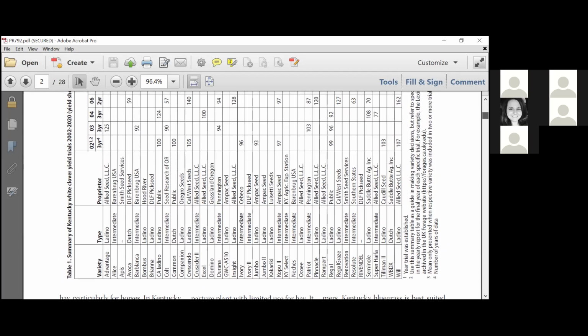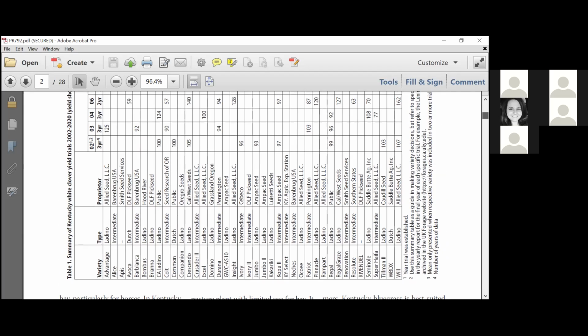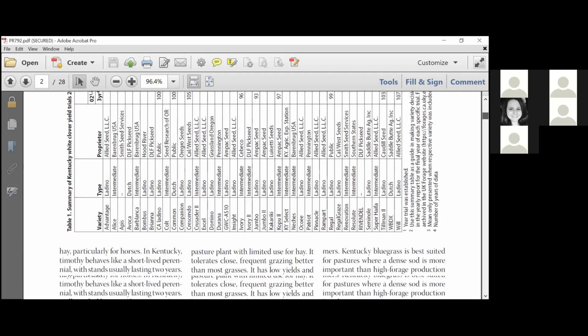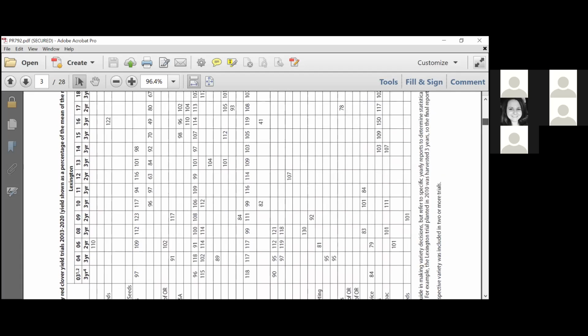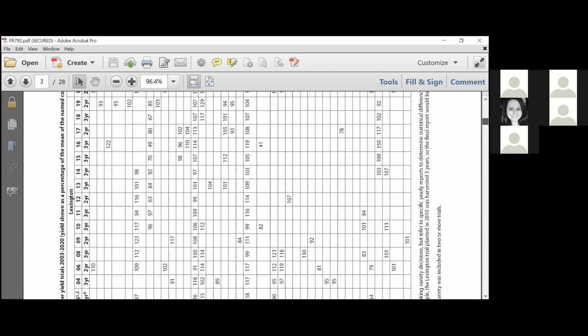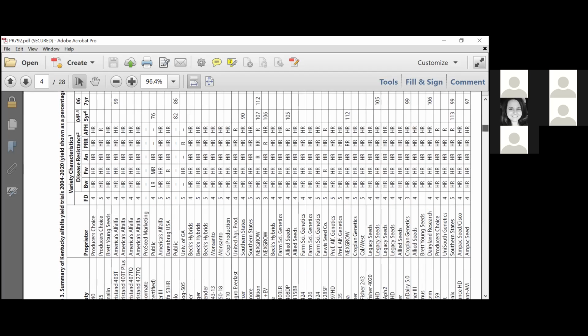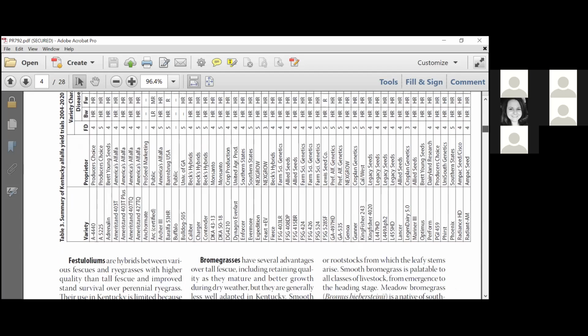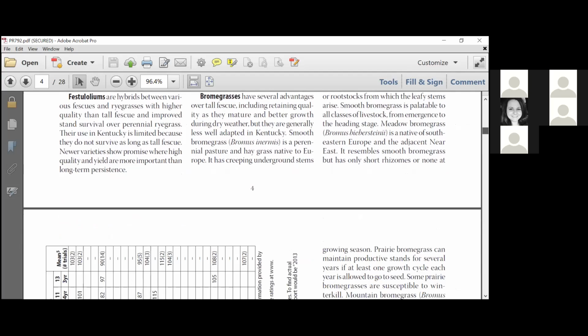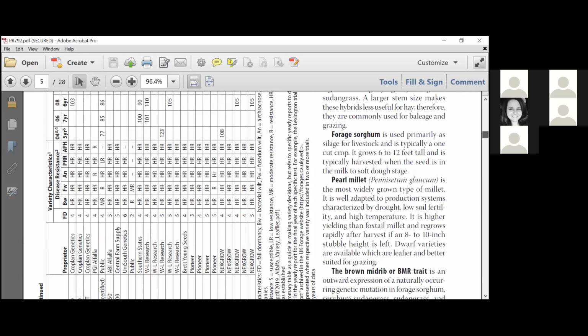So this one here that you should see on my screen is sideways, so it's a little hard to look at, but the clover, that's for white clover. So the different varieties there. And then you keep going down and this one's for red clover. And then we have alfalfa. So about any type of forage species you can look at.